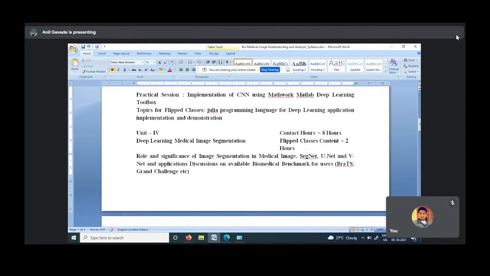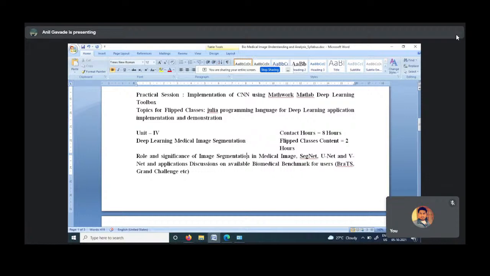Then the fourth unit. The fourth unit is segmentation. For any analysis or understanding, for example, whether a tumor exists or not, you need to separate it from the image and do the analysis. If you take the latest MRI machines, they will scan and they can generate a segmented image. The machine is generating such images. So we need to understand how the segmentation is carried out.